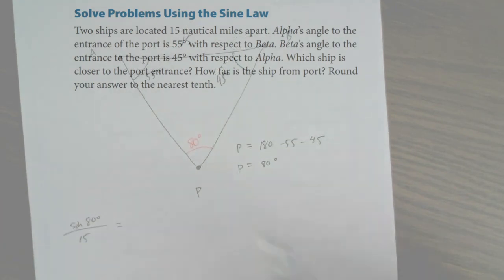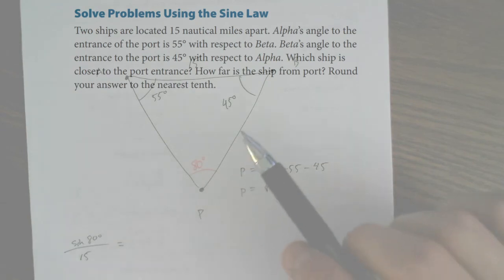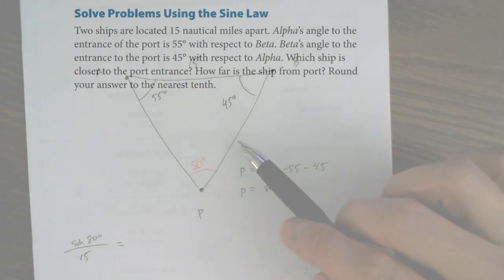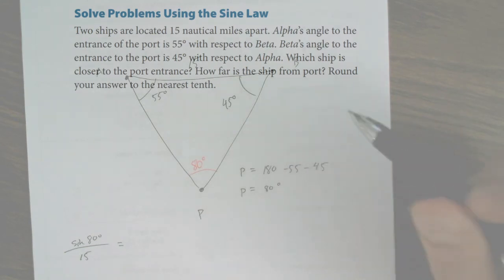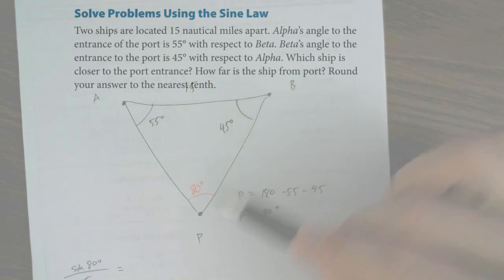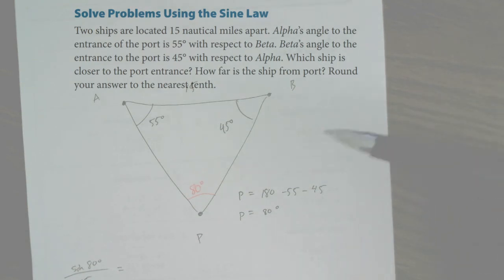Now we could go ahead and solve both of those sides and figure out which one is smaller, which ship is closer to the port. But if you remember and you were listening carefully earlier, I said that when the angle is smaller, we have a smaller distance.